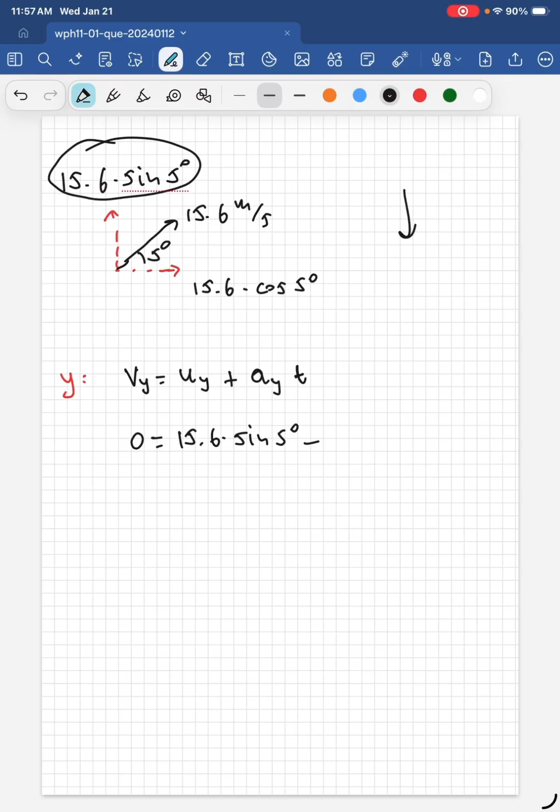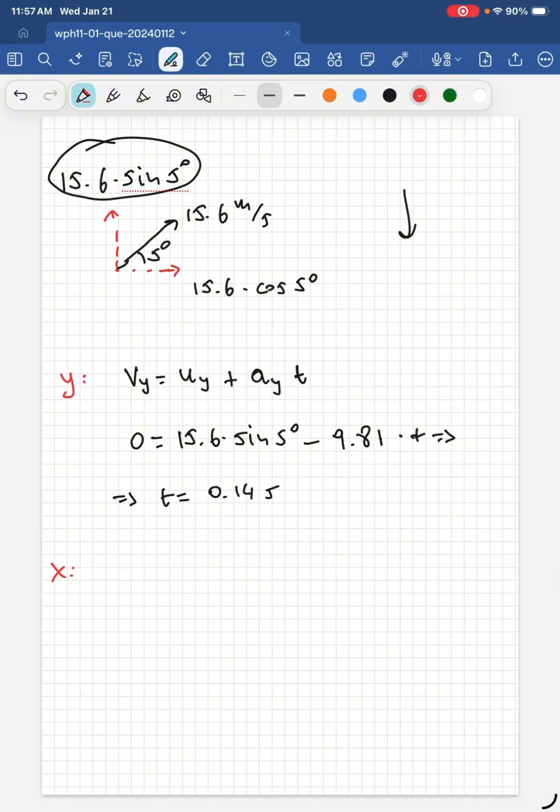Because the acceleration points downwards in the y direction, and it's equal to g, which is minus 9.81, and then times time, okay? And we have a very pretty equation for time. If we solve it, we find 0.14 seconds for the traveling time. Okay, and then we can go to the x-axis and find the distance.